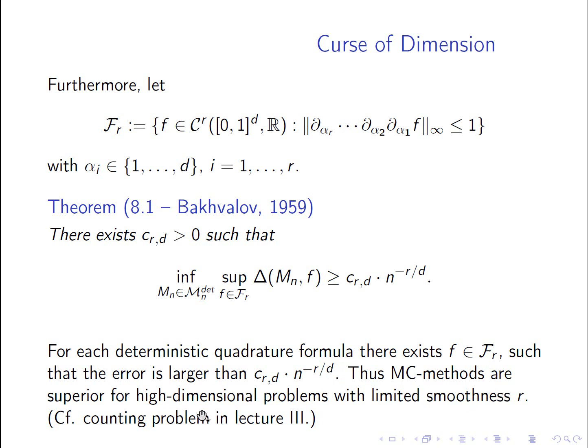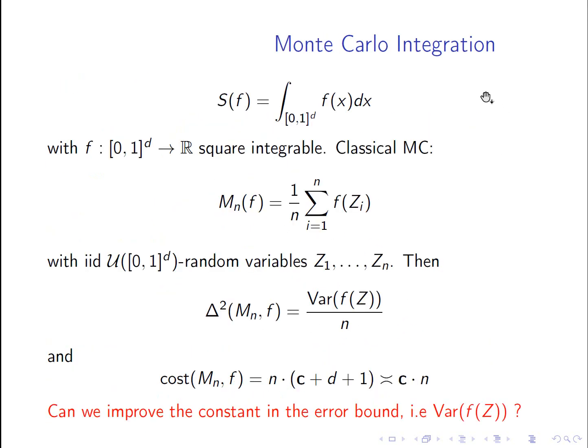And well, in lecture number 3, we had this counting problem where the randomized method was also superior. It's not an analogy, but the counting problem also is at the core of this proof here. Okay, so we have order 1/2 for Monte Carlo integration.